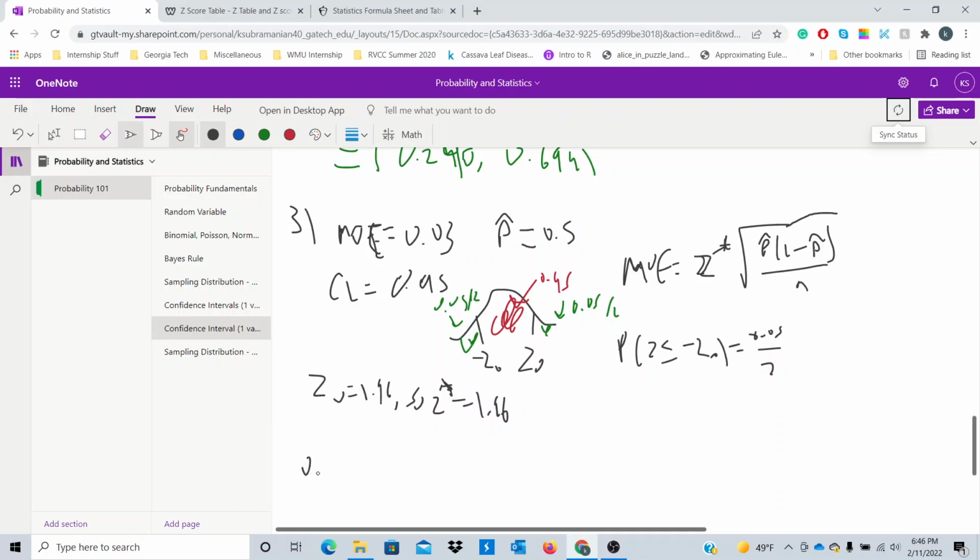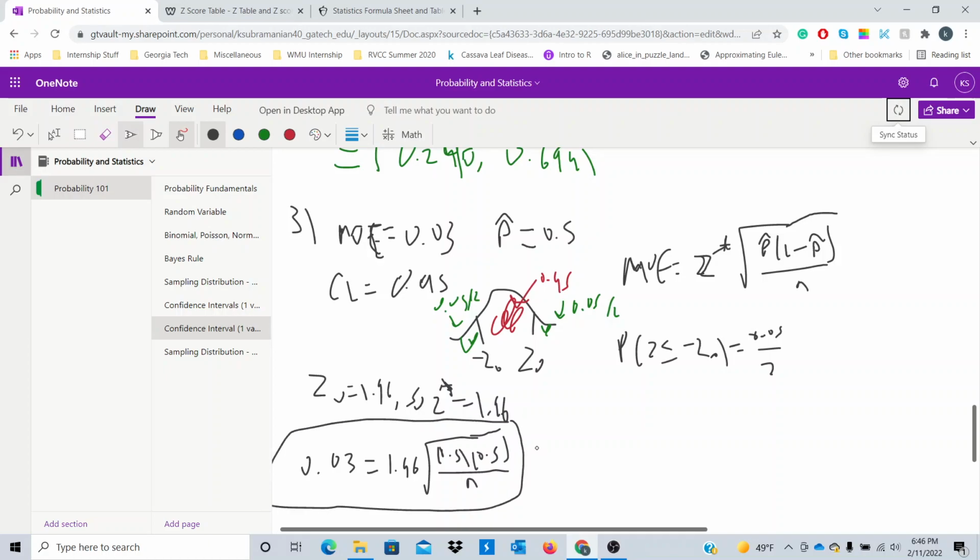So we know the margin of error is 0.03. We know that the z star is 1.96. And inside our square root, we know that p hat is 0.5 by assumption, and then 1 minus p hat has to be 0.5. And then our goal is to solve for n. So I need to solve this equation here for n, but we'll do a little algebraic manipulation. So we see that 0.03 over 1.96 equals the square root of 0.5 times 0.5 over n.